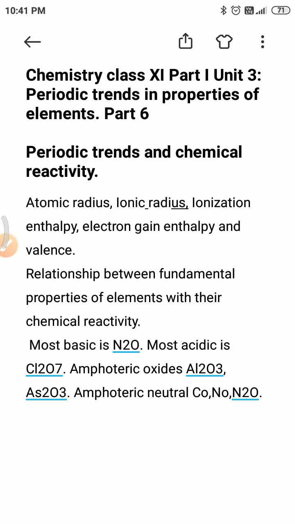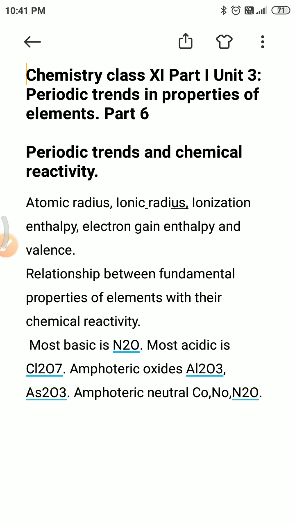Among the transition metals, the 3d series, the change in atomic radii is much smaller as compared to those of the representative elements across the period. The change in atomic radii is still smaller among the inner transition metals, the 4f series.